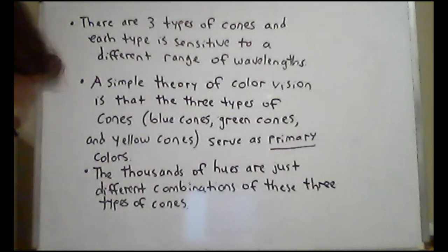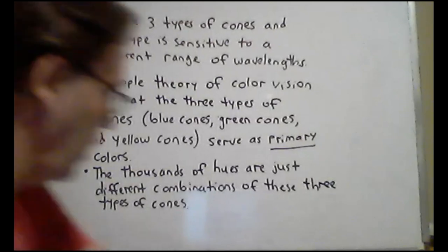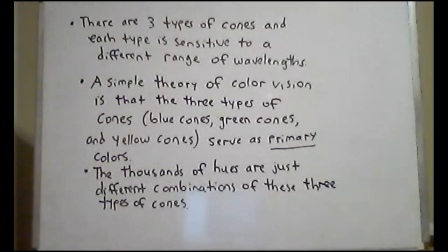So again, 3 types of cones. Each cone is sensitive to a different range of wavelengths. I showed you that plot. The simple theory of color vision is that there are 3 types of cones: blue cones, green cones, and yellow cones, and they serve as the primary colors. And then the thousands of hues are just different combinations of these 3 types of cones.